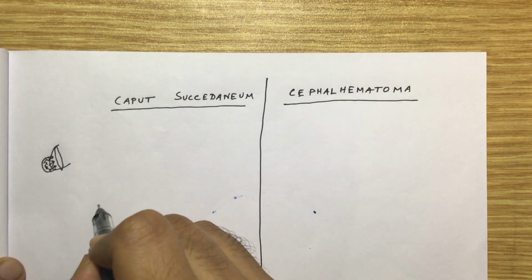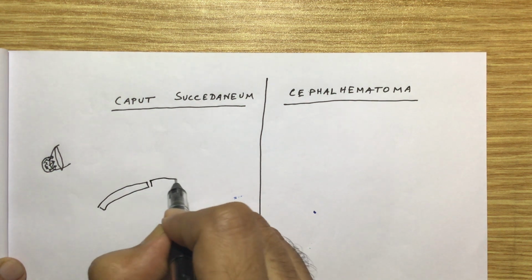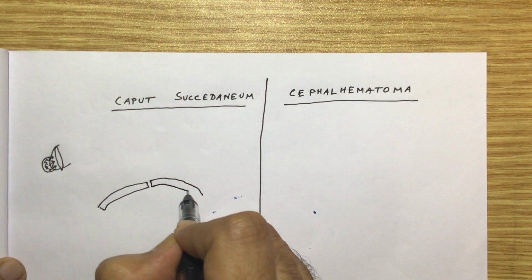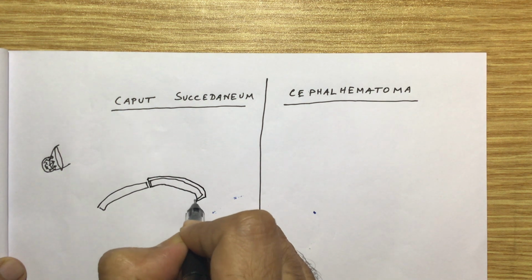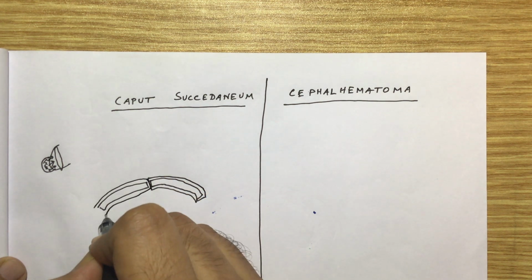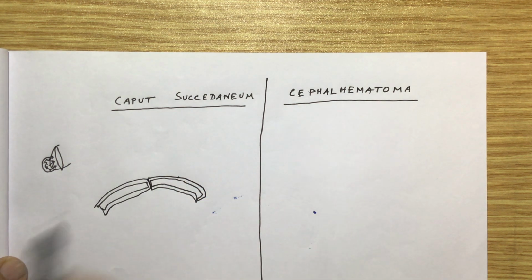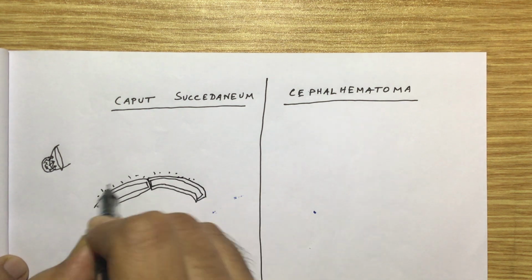And if we draw this, suppose this is the skull bone, and here is the covering of the skull bone. So this one is the pericranium, the fifth layer, the loose areolar tissue layer.